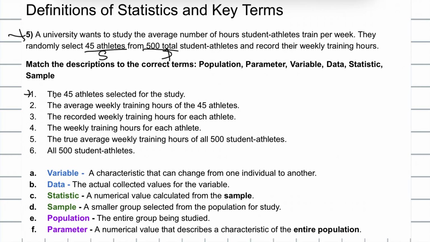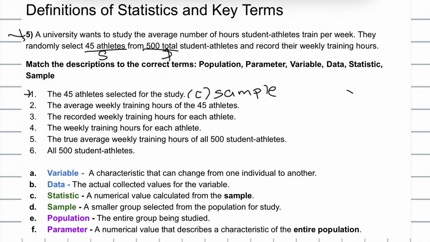We're going to match, and we're going to say that the 45 athletes selected for the study is the sample, letter C. Let me put letter C here in the word sample.